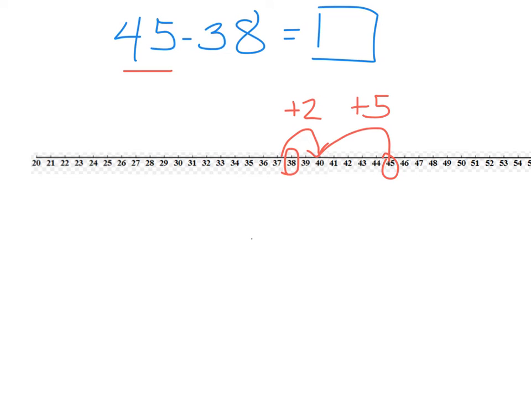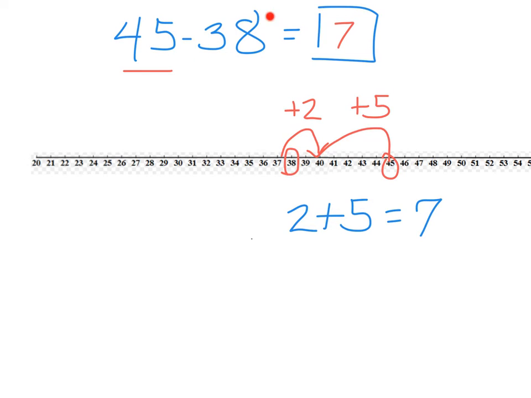So then we would add the first jump with the second jump, which is 2 plus 5, which gives us 7. So 45 minus 38 is 7. So again, what did we do? We counted up in order to subtract.